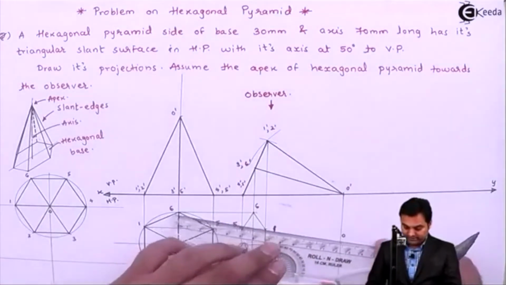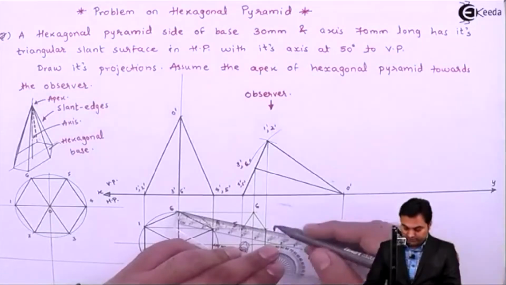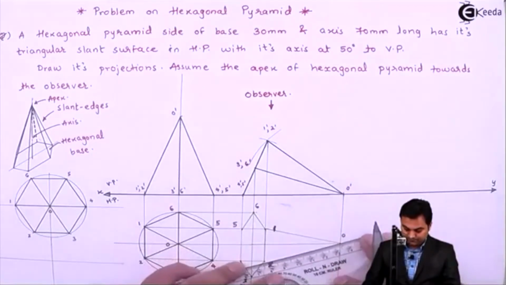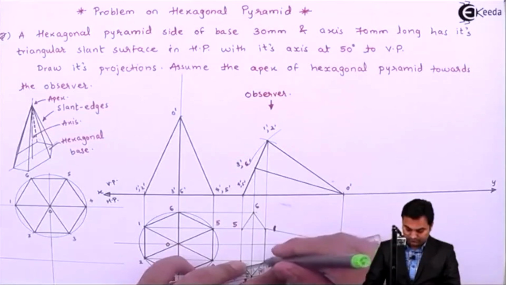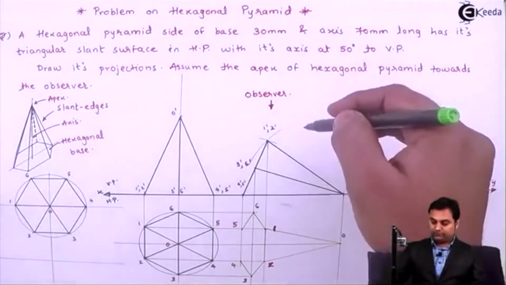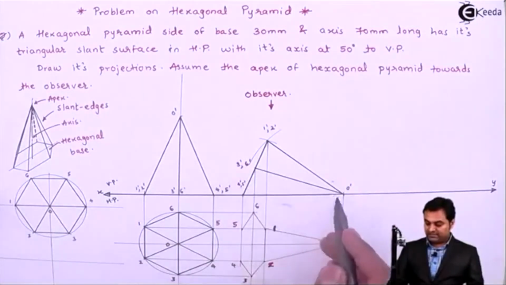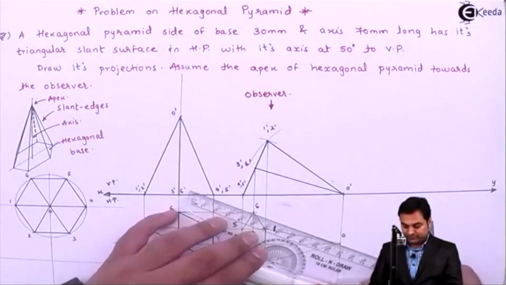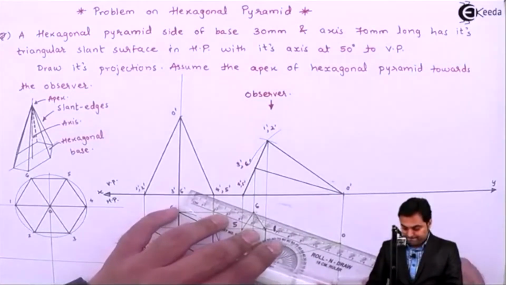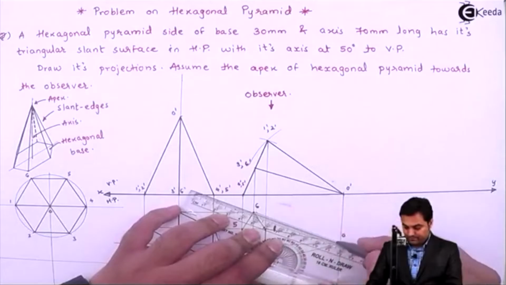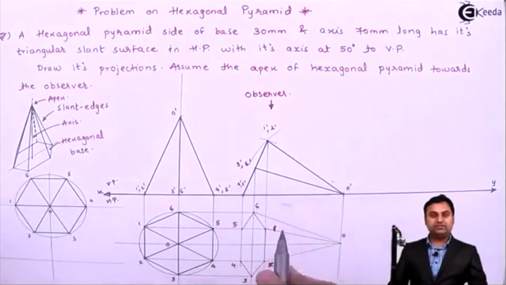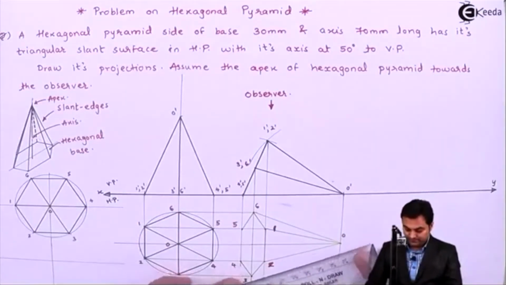So connecting 1 and 2 to the apex. Then even from the top, this edge O dash 6 dash, that is O to 6, is visible. Edge O dash 3 dash will also be visible.